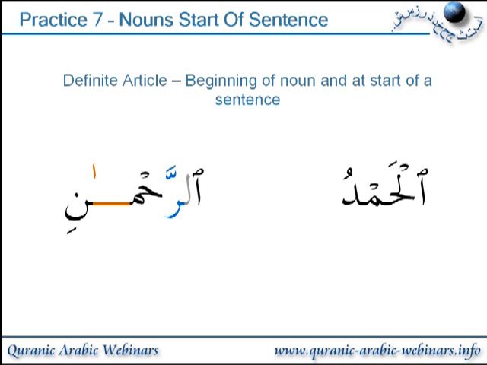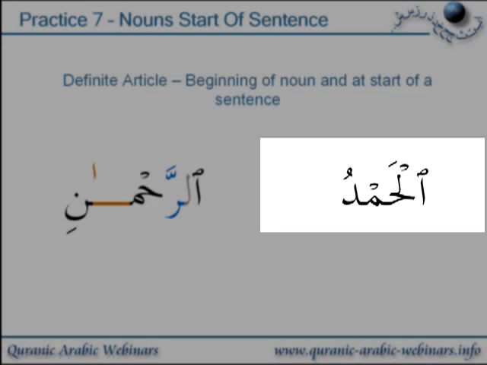Practice 7 is nouns at the start of a sentence, i.e. they begin with the definite article al, i.e. the Hamzatul wasl and the lam, but there is no preceding sound, and again this is with the sun and moon letters. Alhamdu.